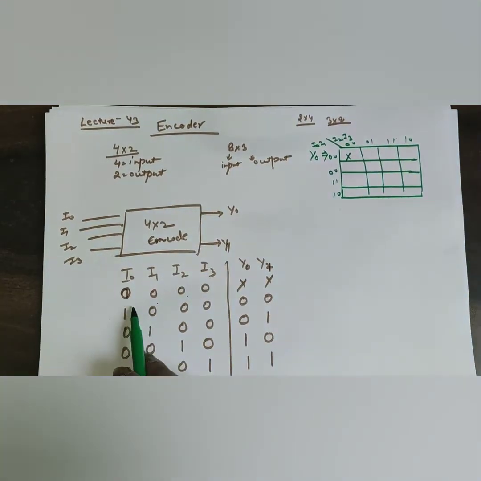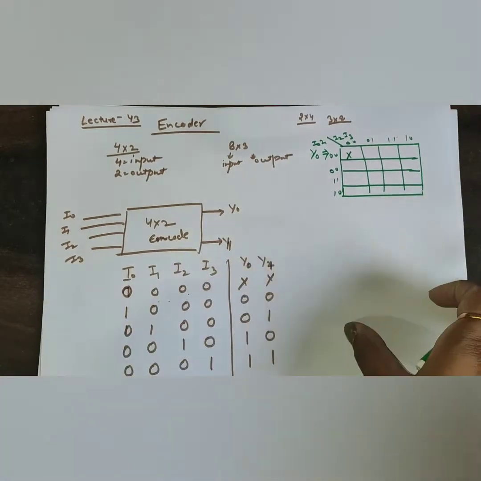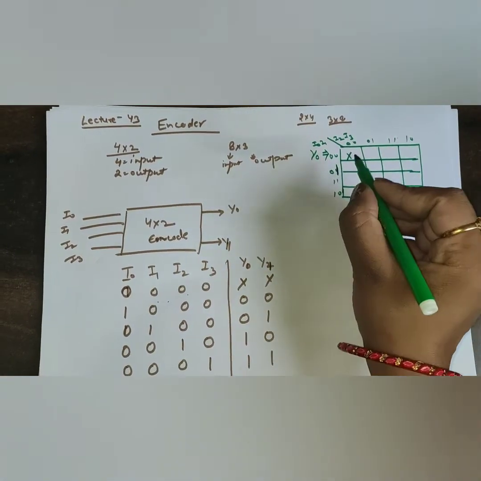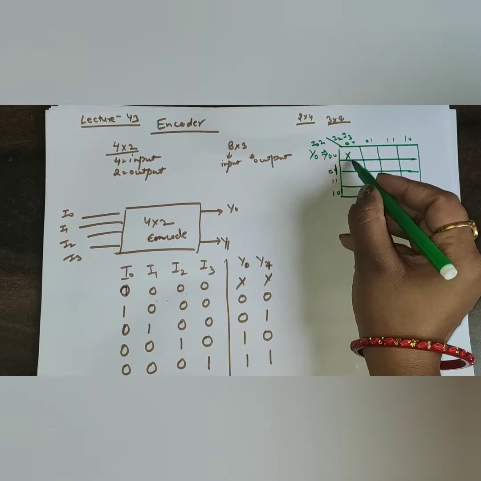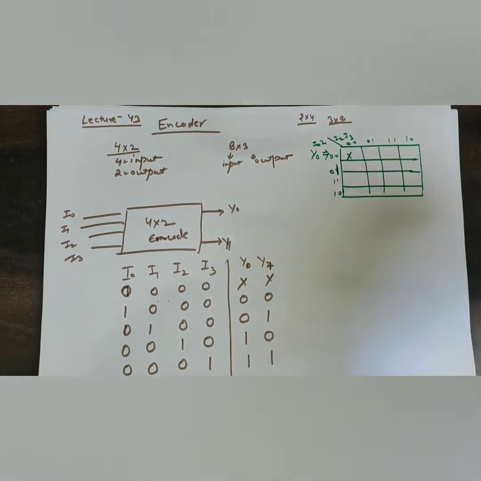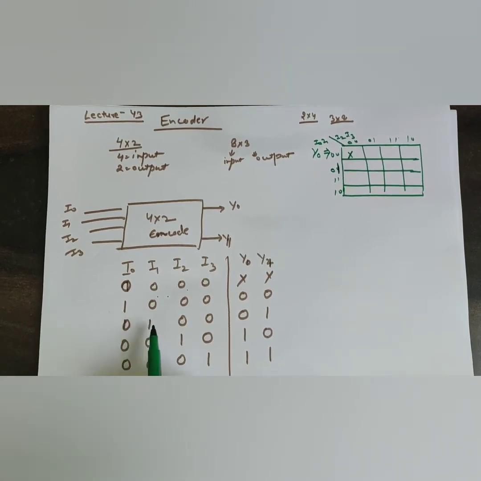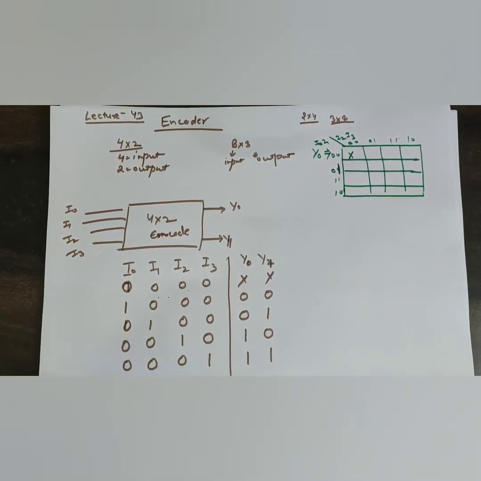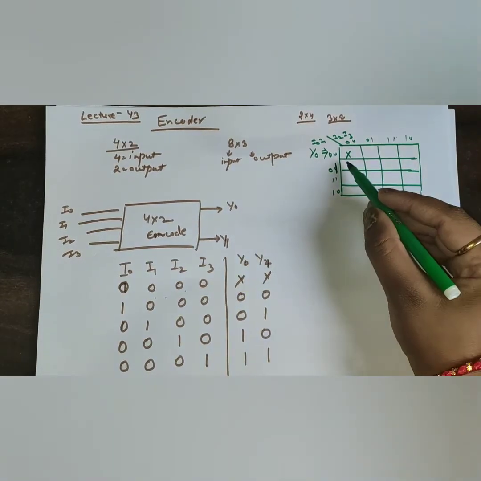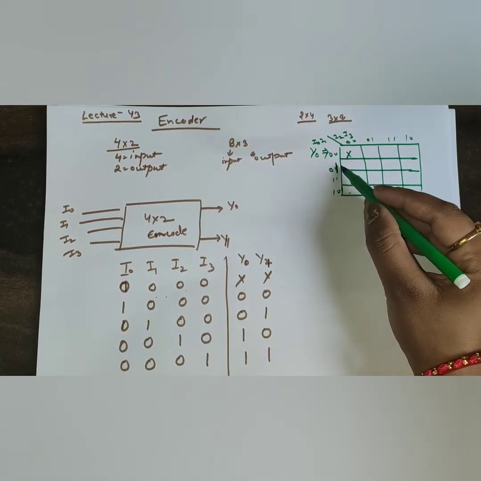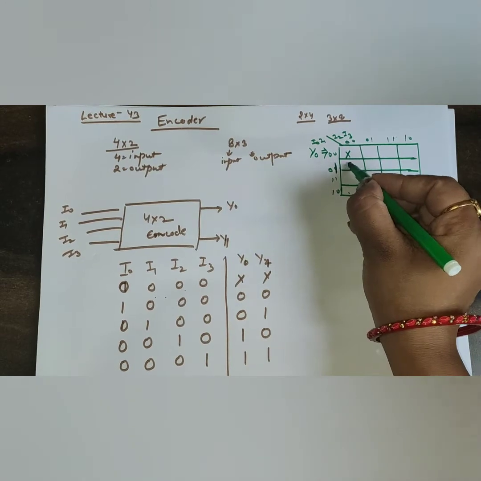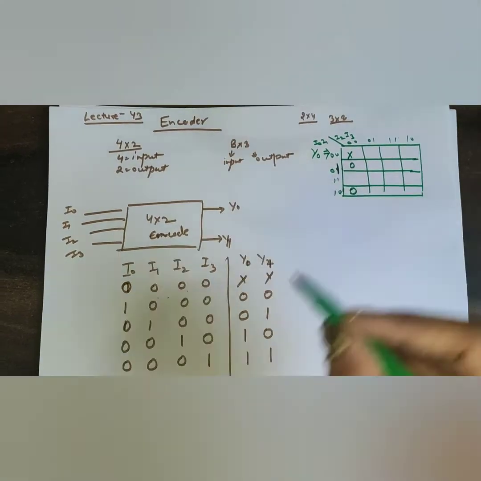So I0 I1 is 0 0 and I2 I3 is 0, and when I0 is 1 and I1 is 1, the condition is 0 0.